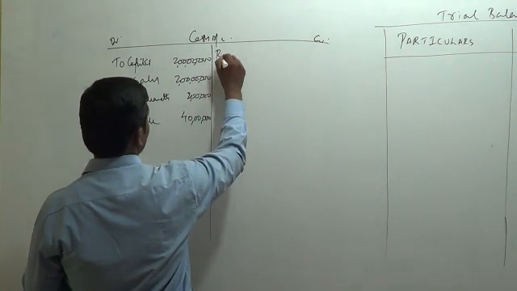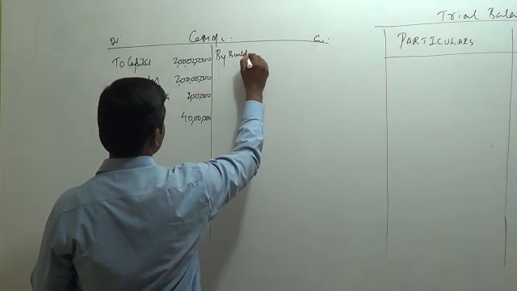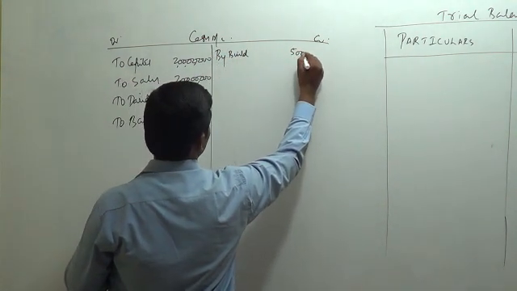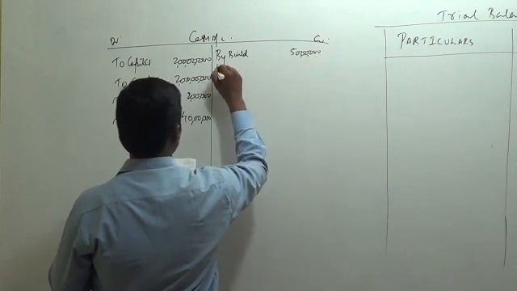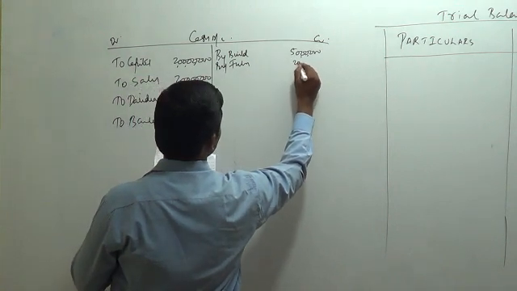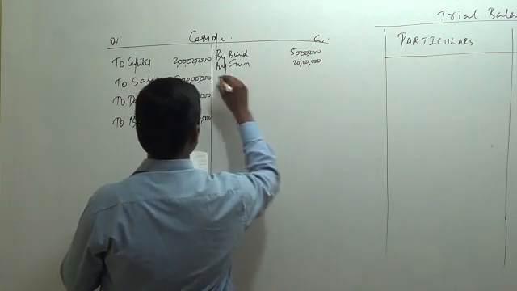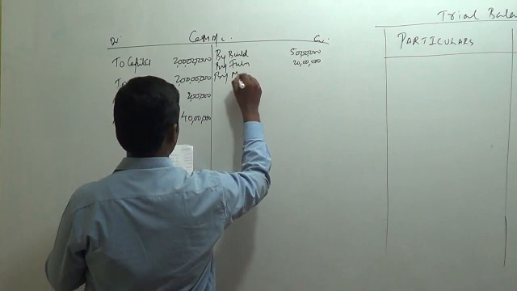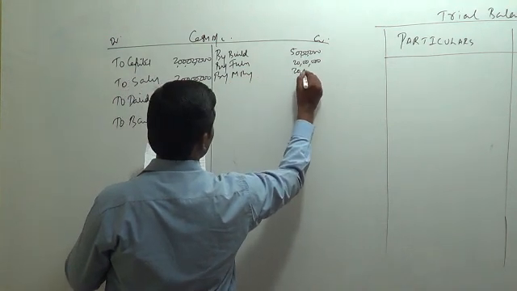Let us take up the items shown on the credit side. By buildings, 50 lakhs. By furniture, 20 lakhs. By machinery, 20 lakhs.